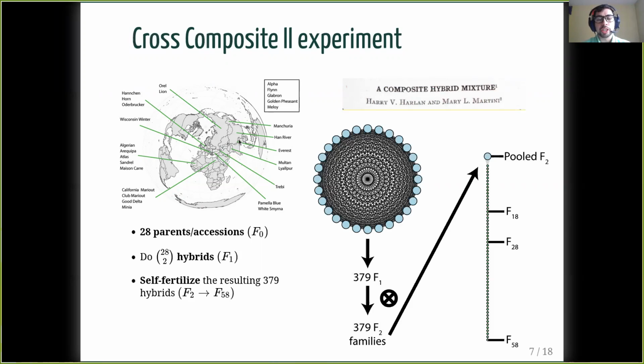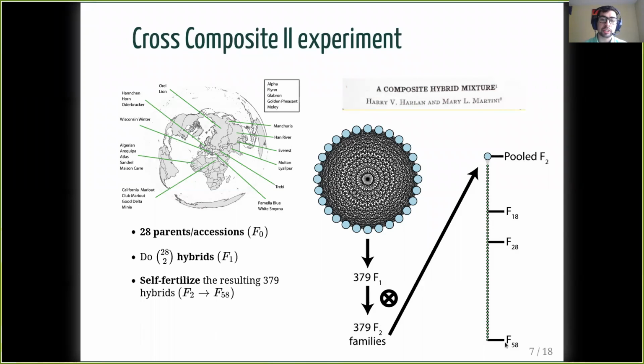They brought them to California, they took all the possible hybrids, that's F1, they selfed them, F2, and then they put each of these F2s in its own piece of land, in its own plot, and let nature be nature, and just collected how the following generations look, all the way to 58 generations.